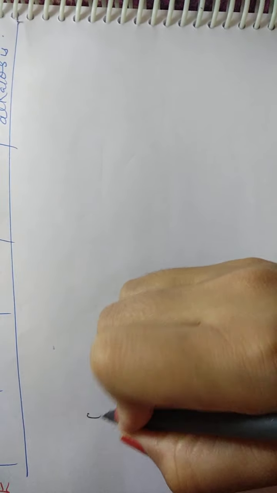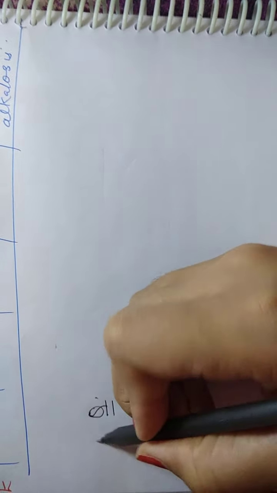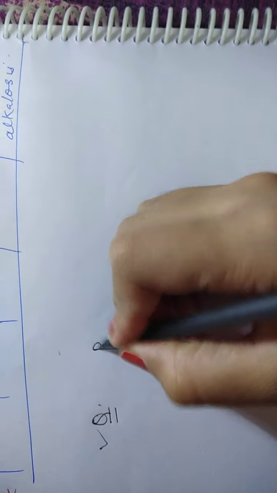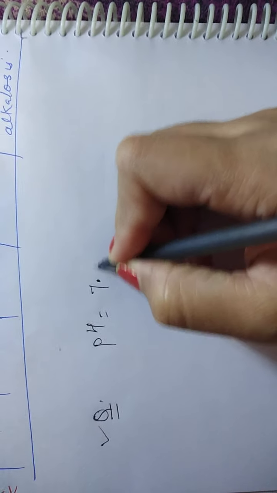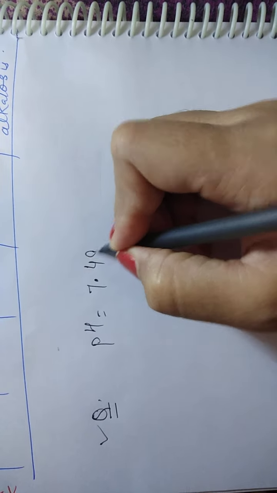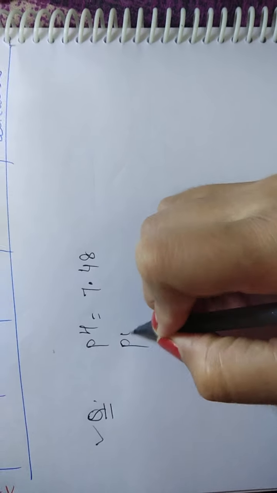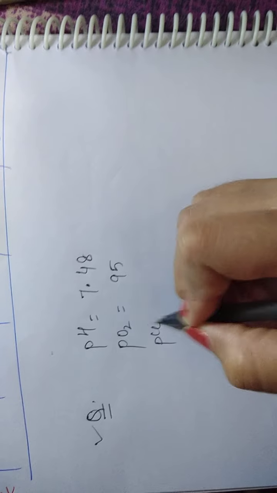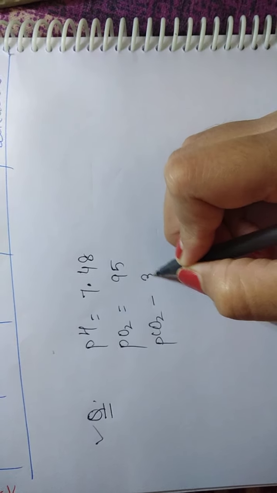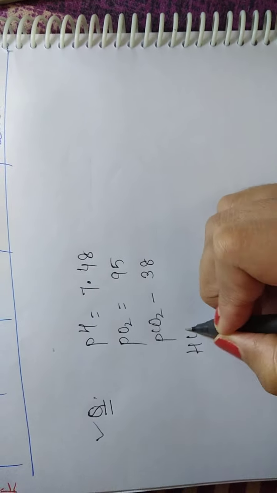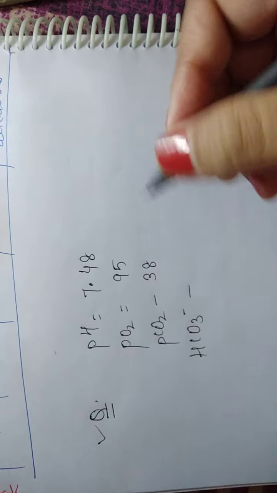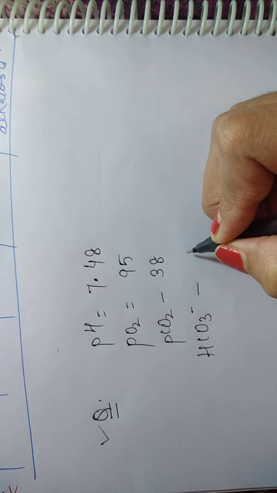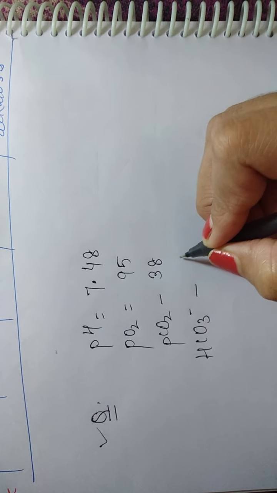Coming to the point, in competitive exams they ask questions like this, for example: pH of blood is 7.48, the PO2 value is 95, the PCO2 value is 38 and the bicarbonate ion is 32.